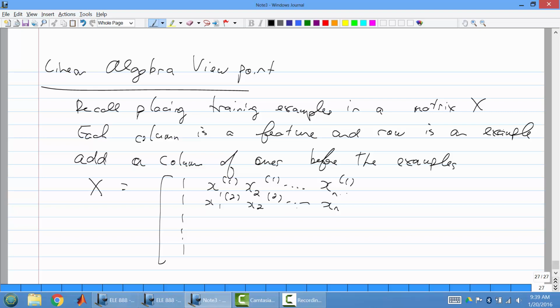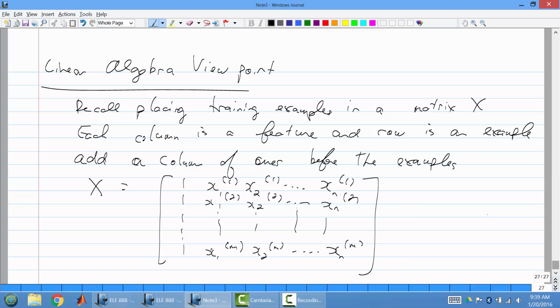You can generalize this and keep going on. This would be the m-th training example for the first feature. Sorry, I keep mixing up my notation. This is x1, m, x2, m, and so on.